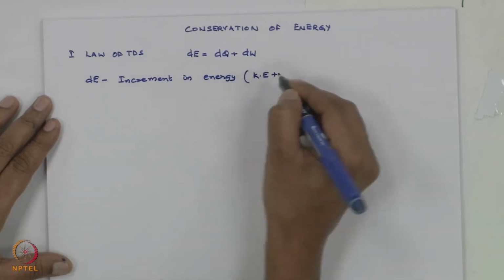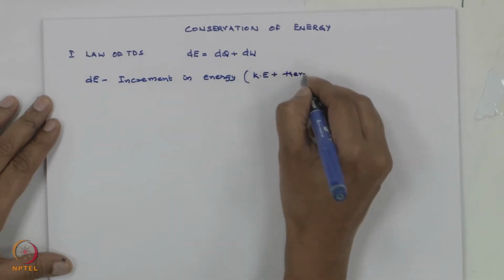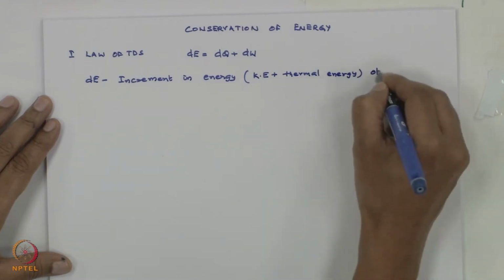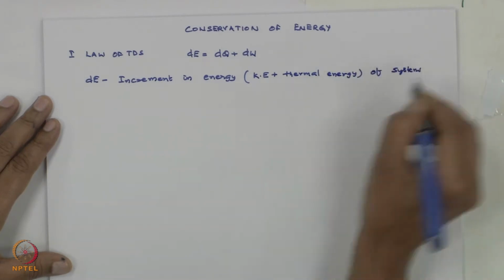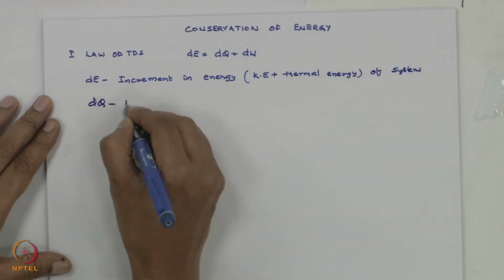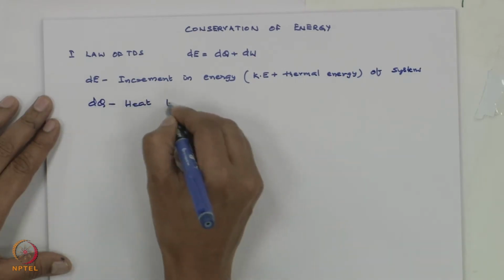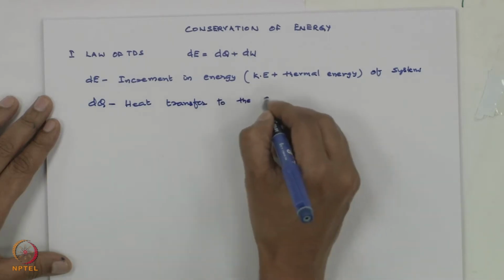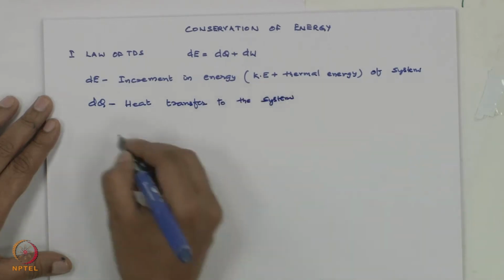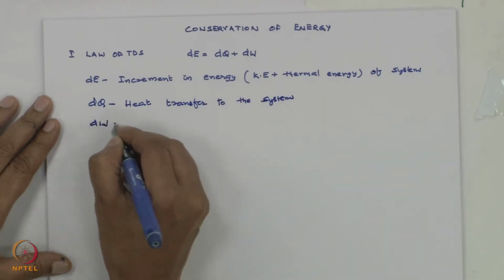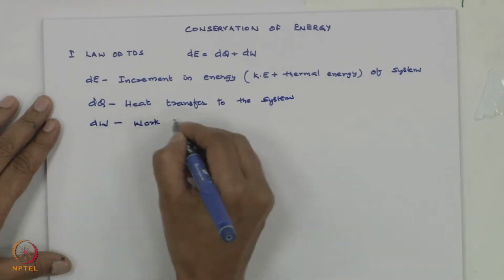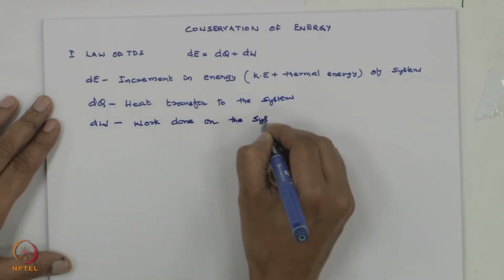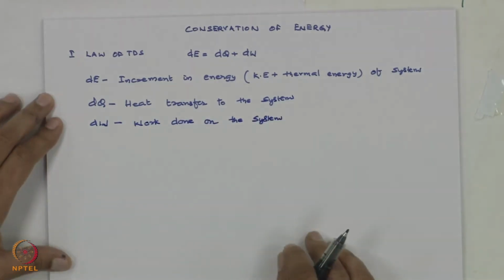Kinetic energy plus thermal energy, of the system. dQ is the heat transfer to the system, and dW is the work done on the system. Here we are in the system mode.